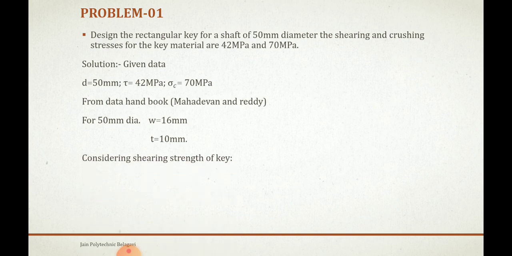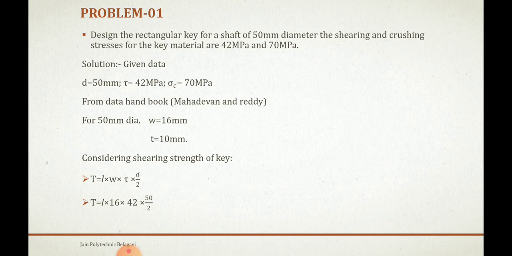Now we'll start solving the problem as per the given data. First we will consider the shearing strength of the key. It is given by T equal to L into W into tau into D by 2, where tau is the shear stress. Now we'll substitute the values. L we don't know because the length of the key is not mentioned.